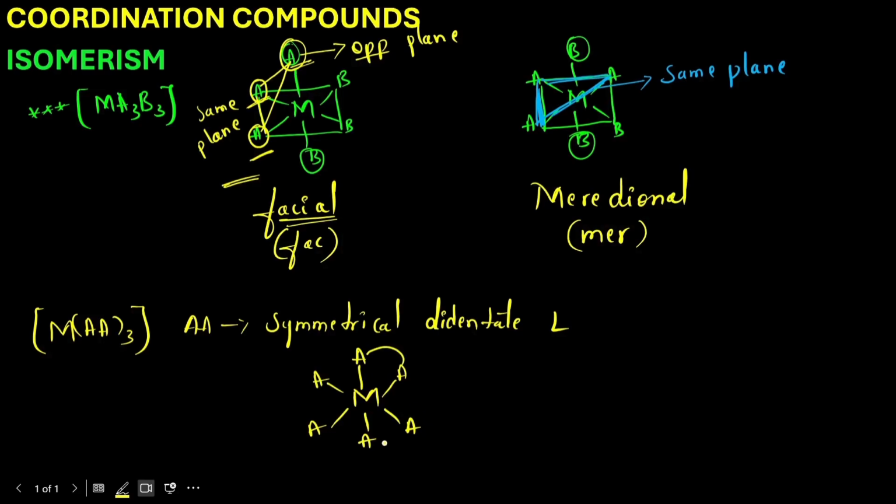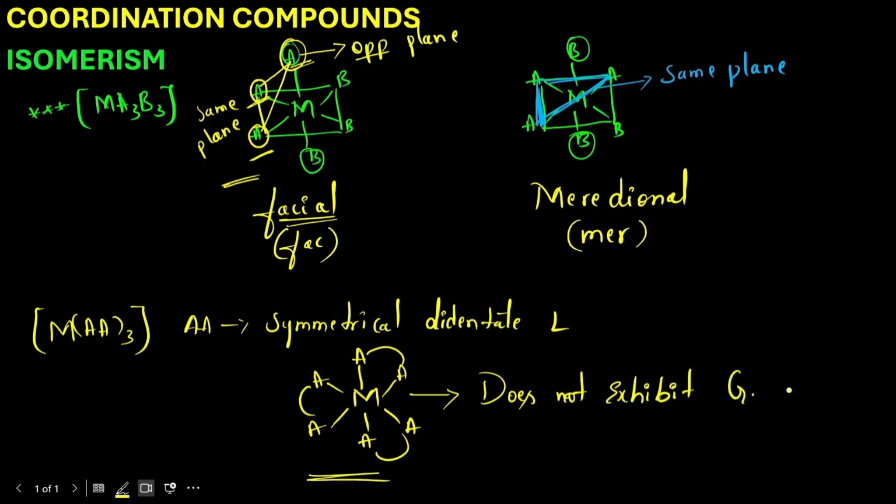So it will be like this. Since it is a symmetrical didentate ligand, this will be the structure. In this complex, all 6 donor atoms are identical, therefore it does not exhibit geometrical isomerism. Okay, this is all about geometrical isomerism.